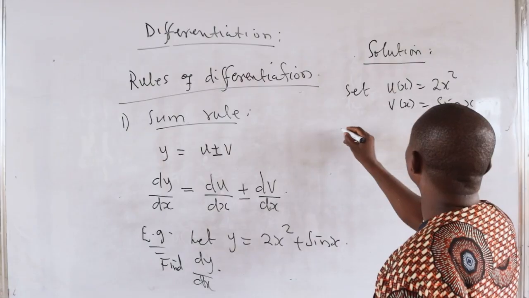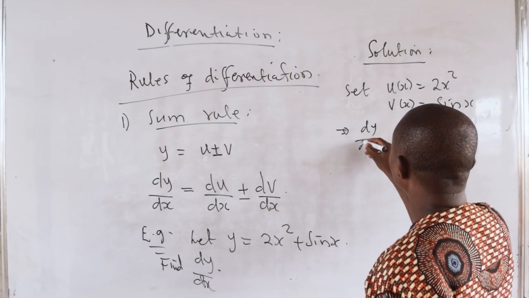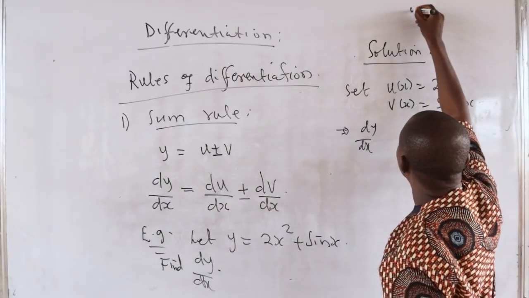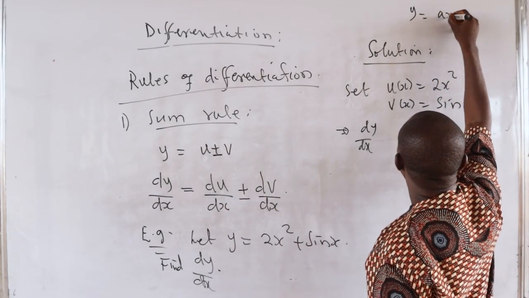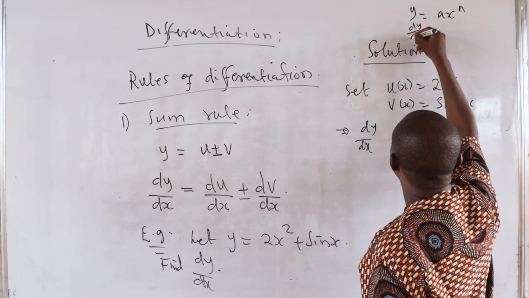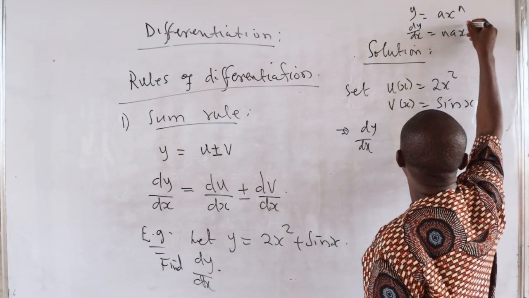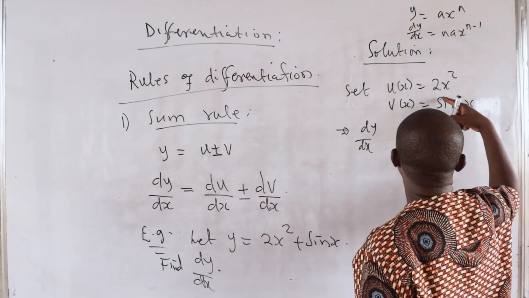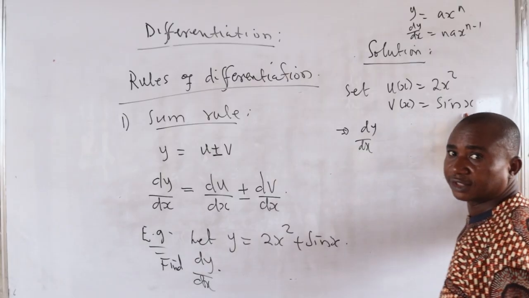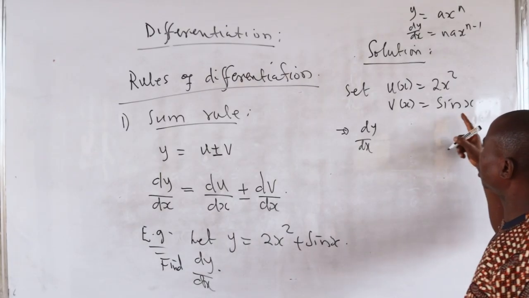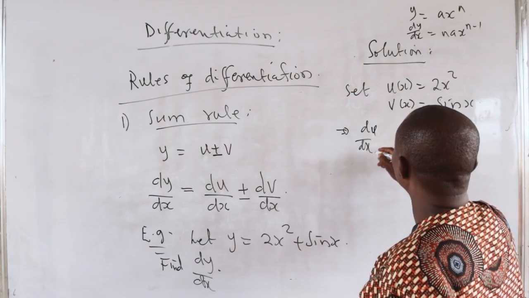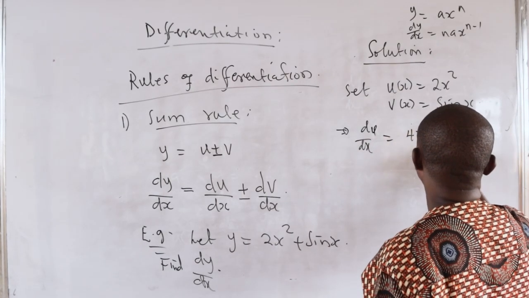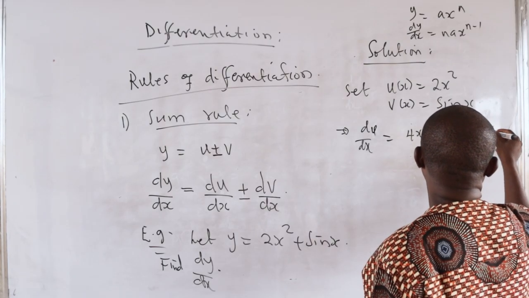Applying what we saw in the previous video, for a function of the form y equals ax raised to power n, dy by dx is nax raised to power n minus 1. We apply that to differentiate u. We have also seen that the derivative of sine x is equal to cos x. So with this in mind, du with respect to x is 4x. Then dv with respect to x is equal to cos x.